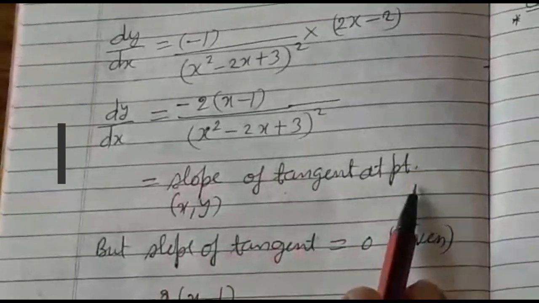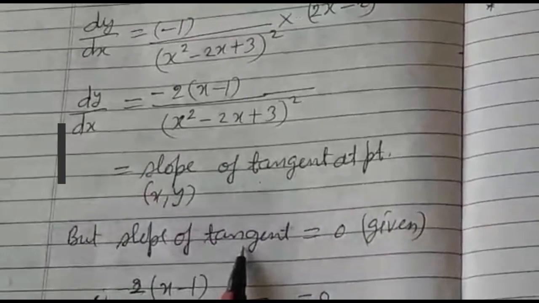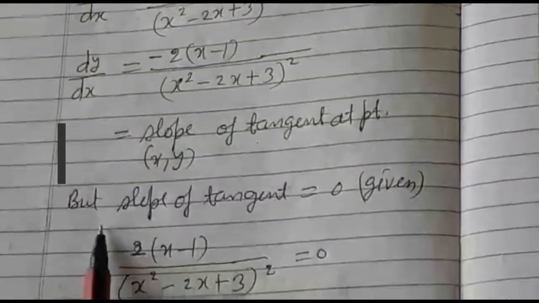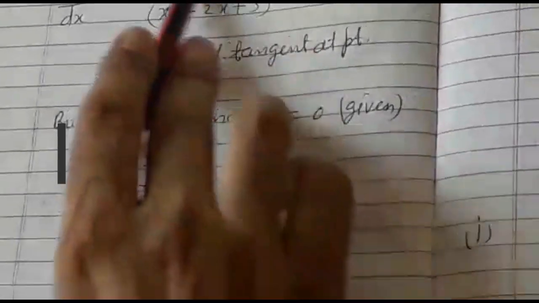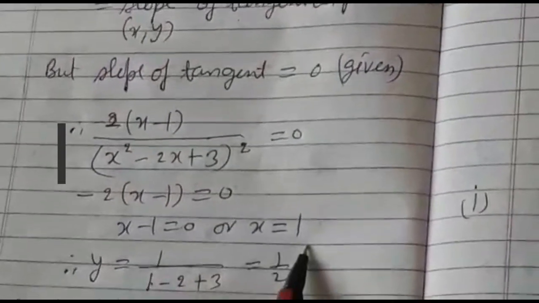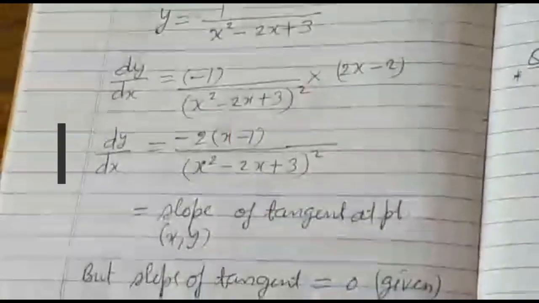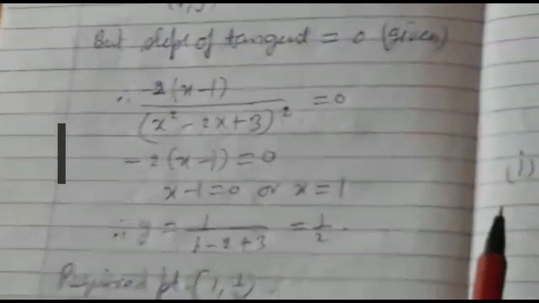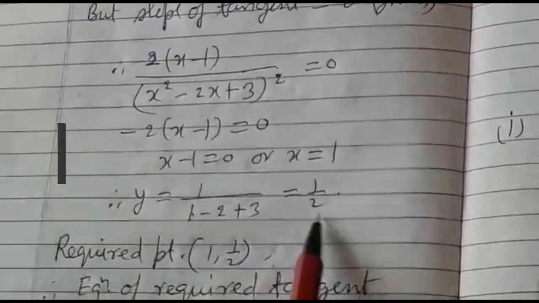This is the slope of the tangent at point (x, y). But because the tangent here has slope 0, if we put this portion equal to 0, we get the one answer, x = 1. Put this x = 1 in the equation, we will get y = 1/2. So the required point is (1, 1/2).